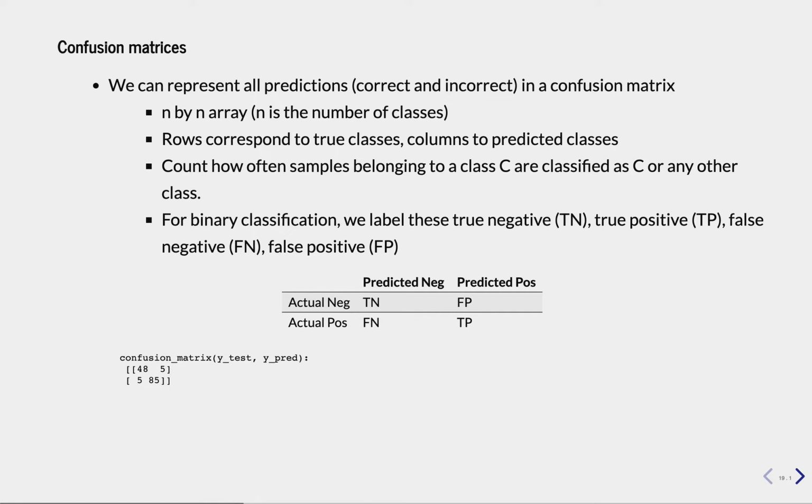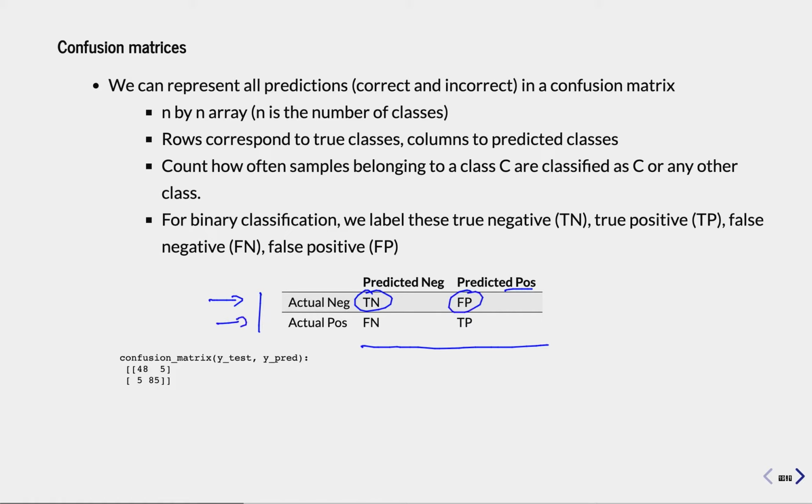You can summarize all these outcomes in a confusion matrix. The confusion matrix is simply a matrix in which all the actual classes are in the rows and all the predicted classes are in the columns. Right? So if you have negative examples, you either predict it negatively, that's a true negative, or you predict positive while it's negative, that's a false positive.